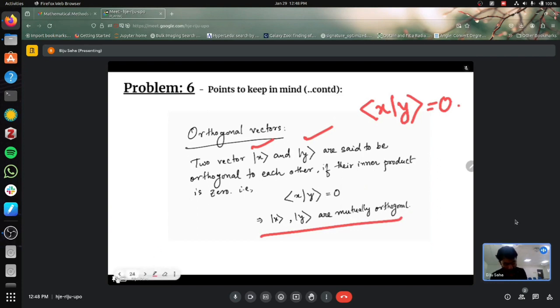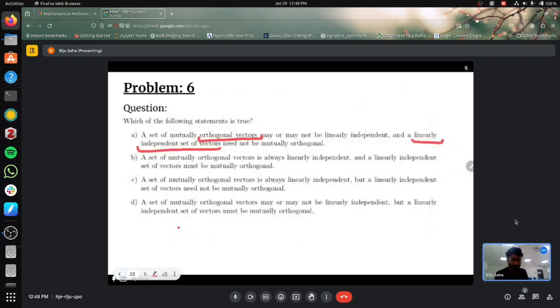Now let us look at the question. The first claim is that a set of mutually orthogonal vectors may or may not be linearly independent. The second claim is that a linearly independent set of vectors need not be mutually orthogonal. All the options ask us to verify whether, if one is satisfied, the other is satisfied, or whether the reverse statement is also true.